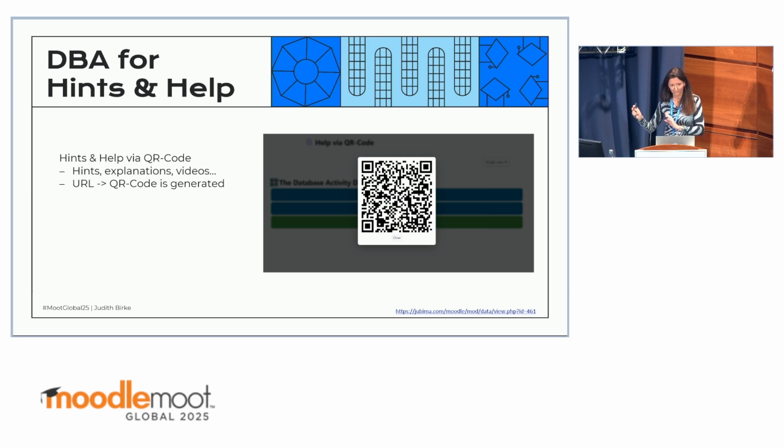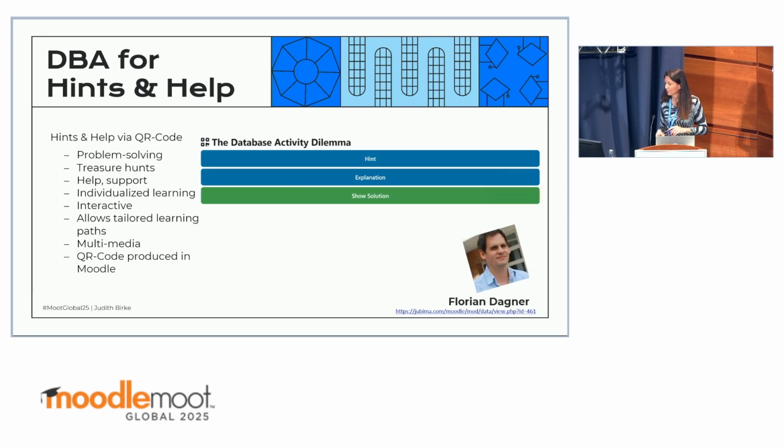You just right-click on it, save the QR code, put it wherever you want to in another Moodle activity or elsewhere. And then when the learners scan the QR code, they'll get to the individual entry where you'll find the hint, the solution, or whatever you have placed there for them.